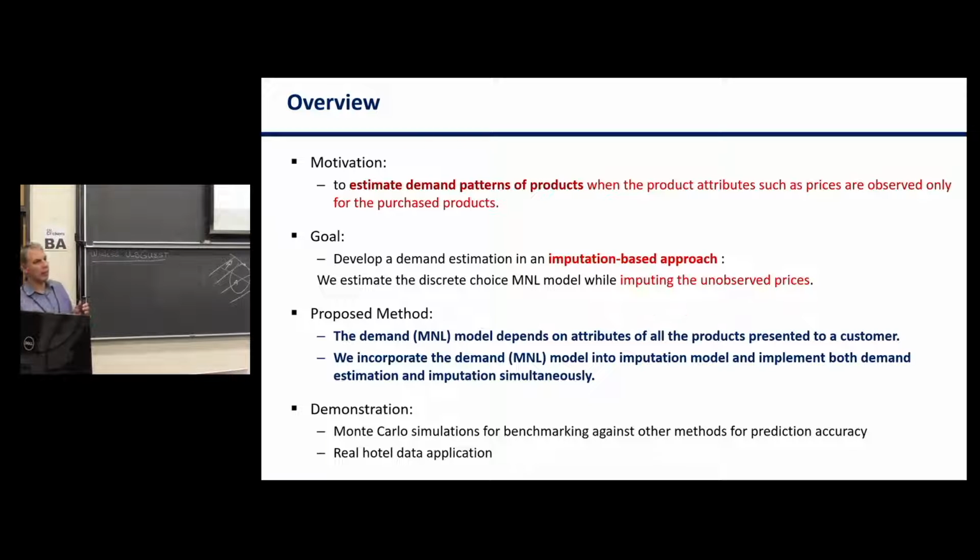Imagine that you have multiple customers and each customer chooses something at a certain price. We know only what they chose and at what price, because it's a financial transaction. But we don't know what they were shown, but we can make some assumptions and get some idea.